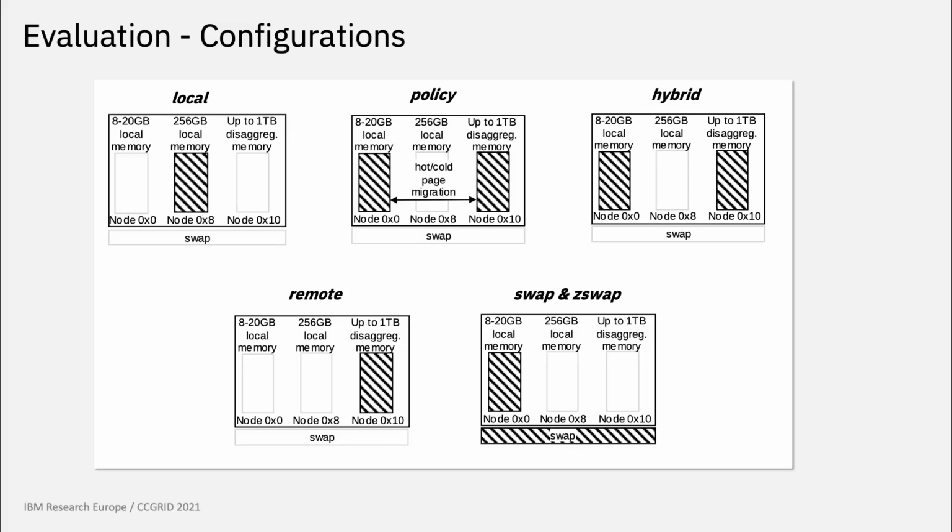As a result, pages classified as hot get migrated to local memory, while pages identified as cold are migrated to disaggregated memory. The swap and the Z-swap configurations are identical, except that the latter also uses the Zswap kernel mechanism alongside the swap kernel mechanism for balancing pages between local memory and disk. Note that in all configurations, approximately 4 GB of local memory are pre-reserved by critical operating system services.